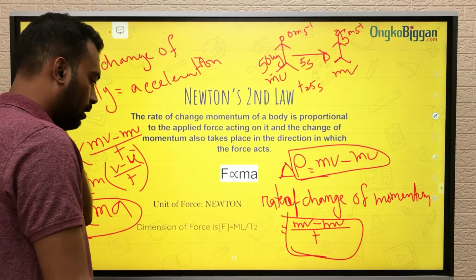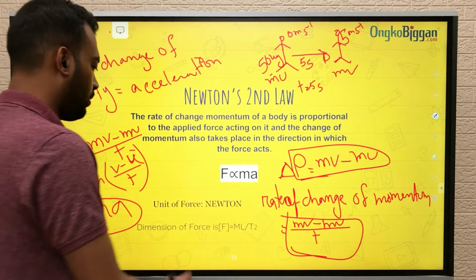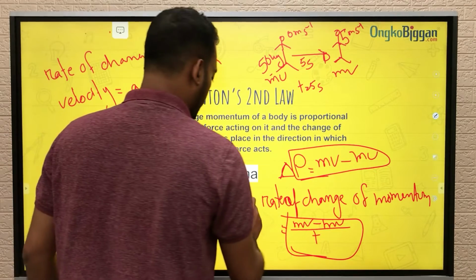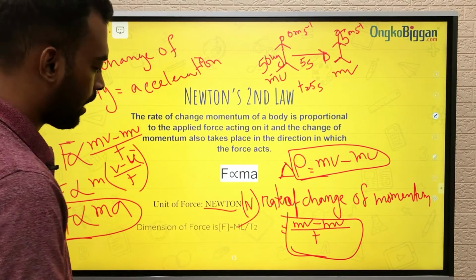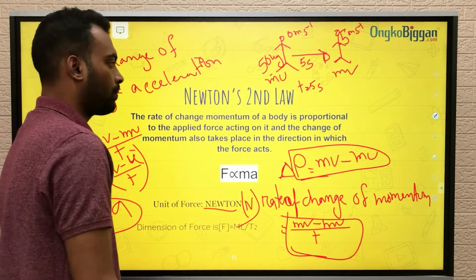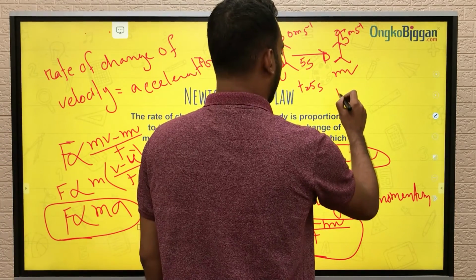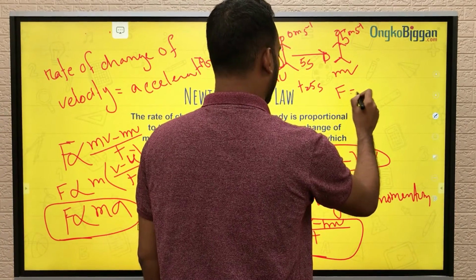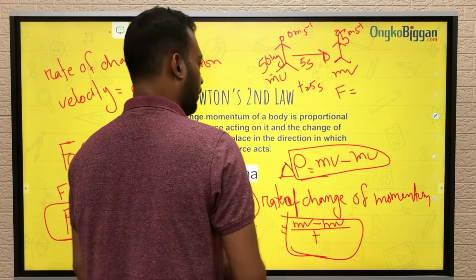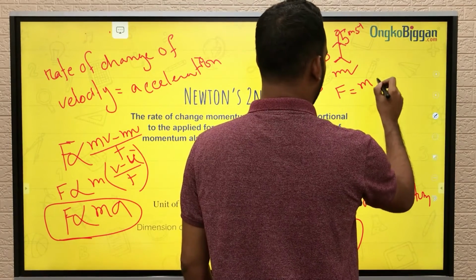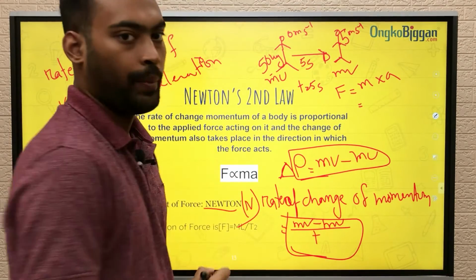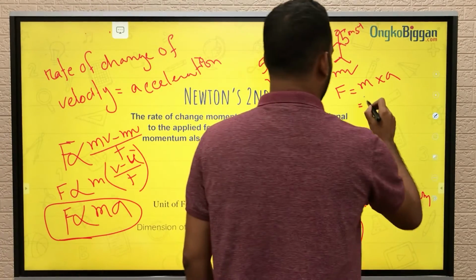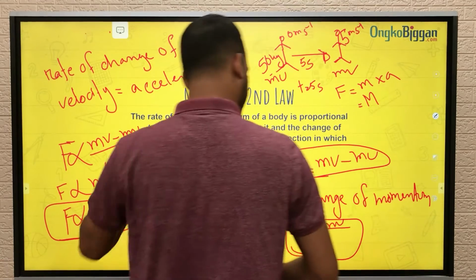Now, the unit of force we know as Newton, denoted by N. The dimension of force is m l divided by t square. Why? Because force is equal to mass into acceleration. Now, what is the dimension of mass? We know the dimension of mass is m.